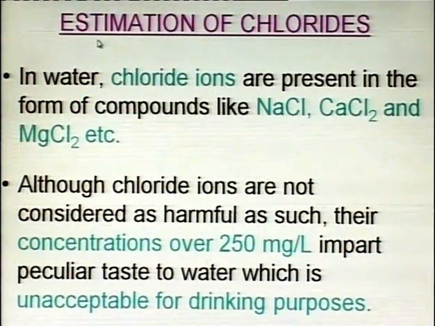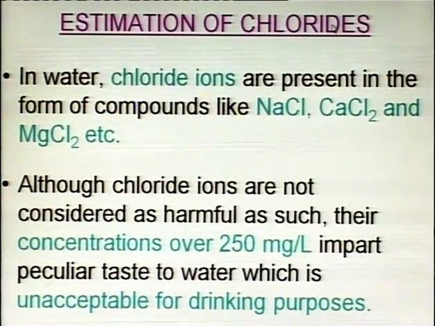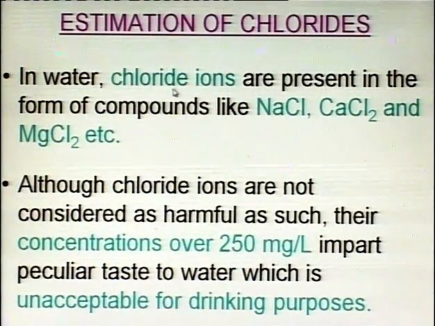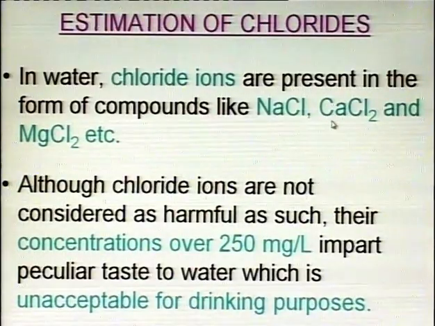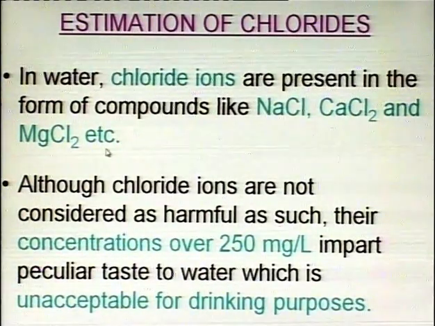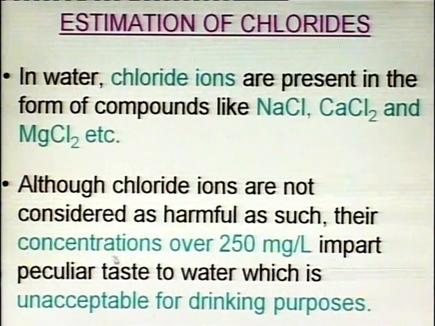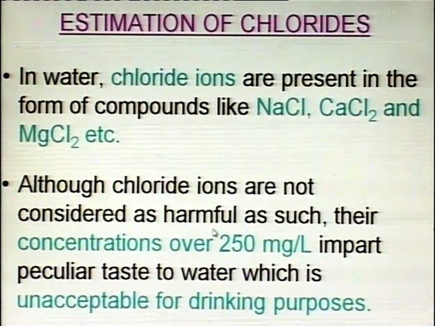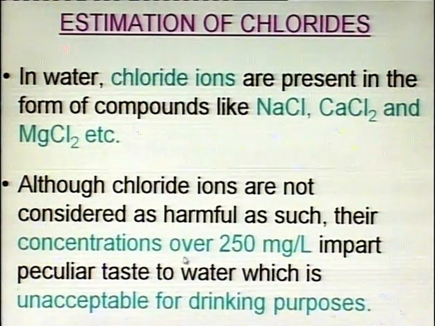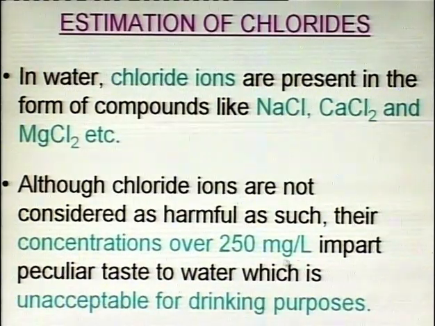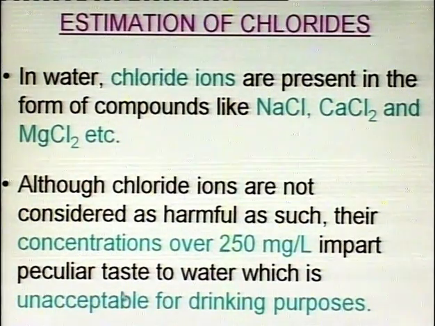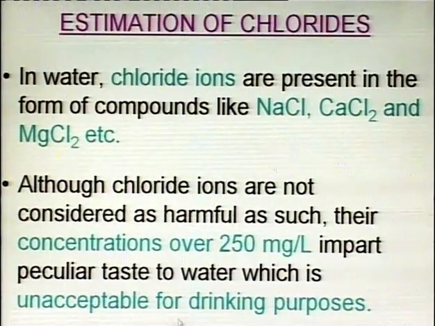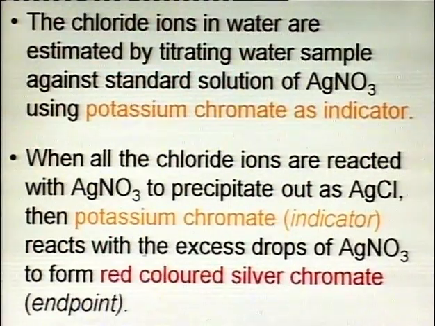The fourth type of estimation is estimation of chlorides. In water, chloride ions are present as NaCl, calcium chloride, MgCl2, etc. Although chloride ions are not harmful, a concentration over 250 milligram per liter imparts a peculiar taste to water, which is unacceptable for drinking purposes.